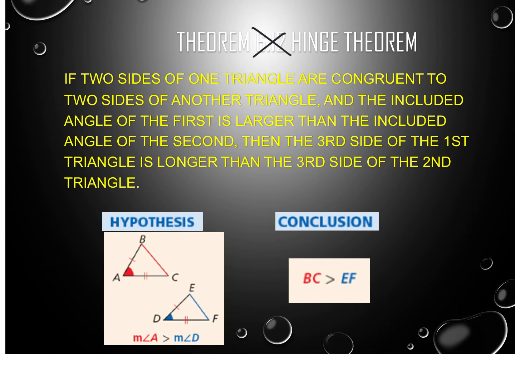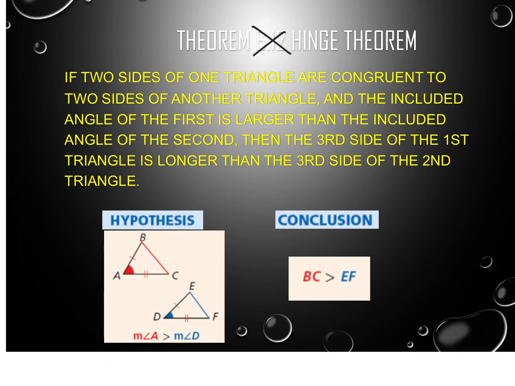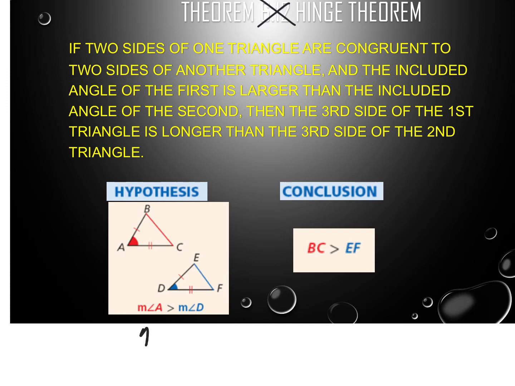The bigger the angle measure, the larger the side across from it. So here, if they tell us that angle A, the red one, is the larger angle, then that tells me the side across from that red angle, BC, is going to be the greater side.